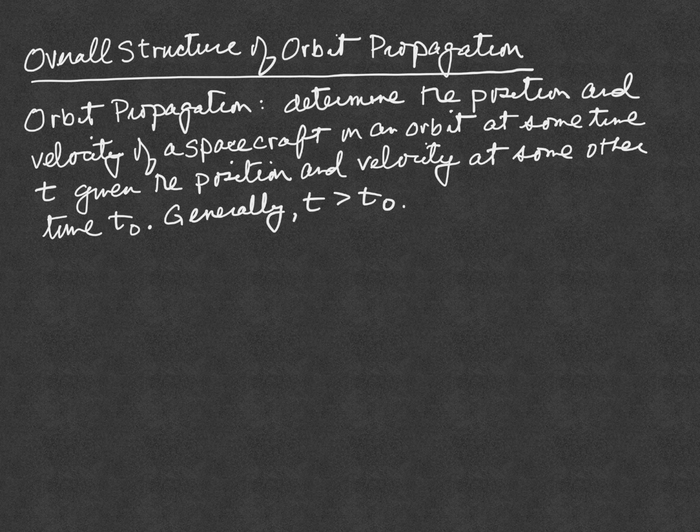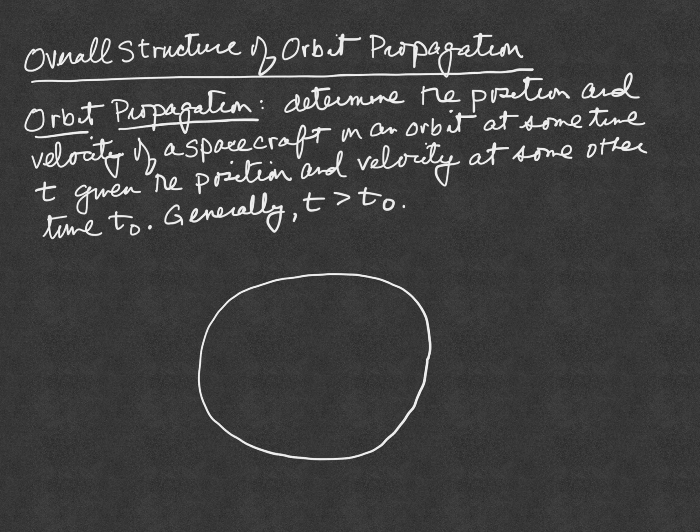So now, given that that's the definition of orbit propagation, here's what the structure looks like. Imagine we're on an elliptic orbit. So we're doing this whole thing for the case of an ellipse. And at some time, t0, the spacecraft is located at a point on the orbit. Here's the periapsis, here's the focus, here's the spacecraft at time t0. Now, what do we know at time t0?